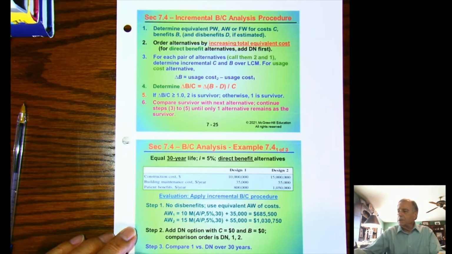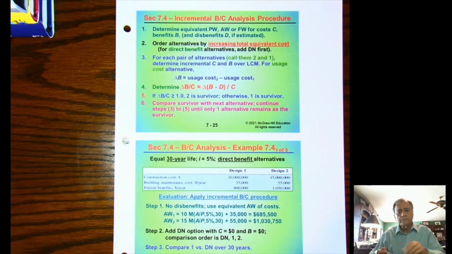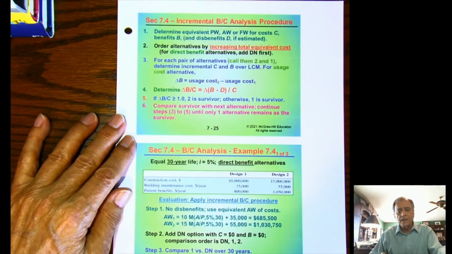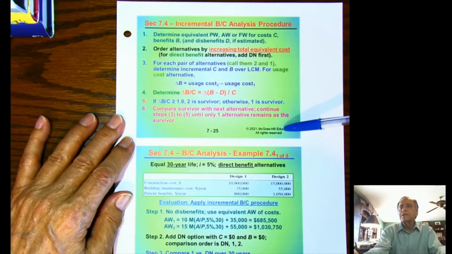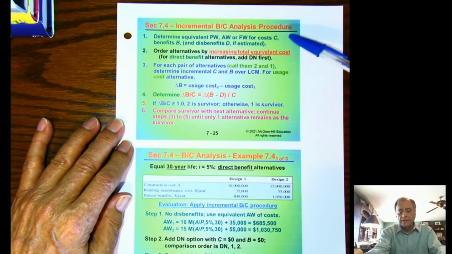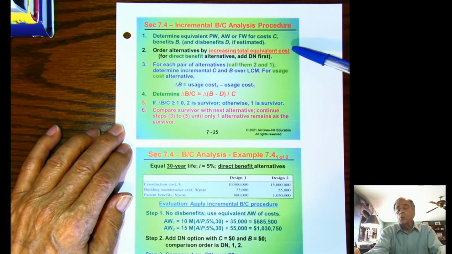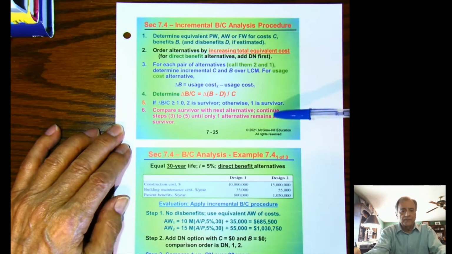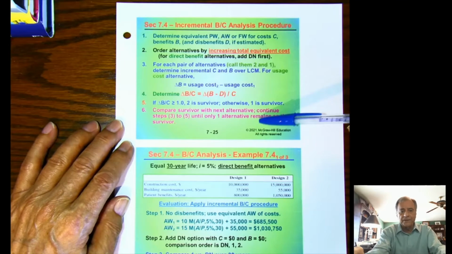So I'm going to look at an example problem now that the author presents in section 7.4, and he first goes through the steps. These steps are exactly analogous to the steps we went through with rate of return. Not exactly the same, but analogous to.